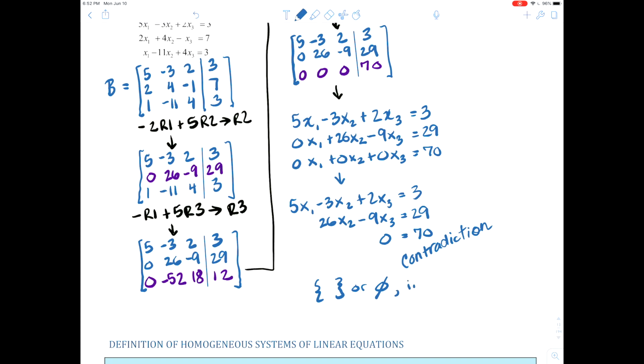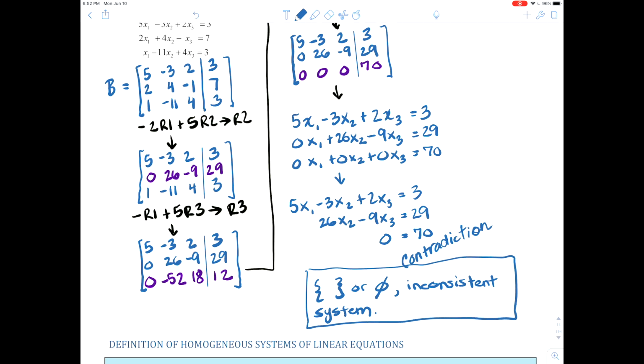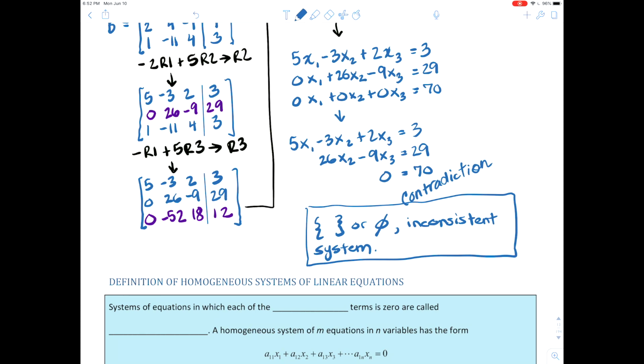This is an inconsistent system. And so we might care, but it's an inconsistent system and it's going to have independent, I'll write it, with independent equations.